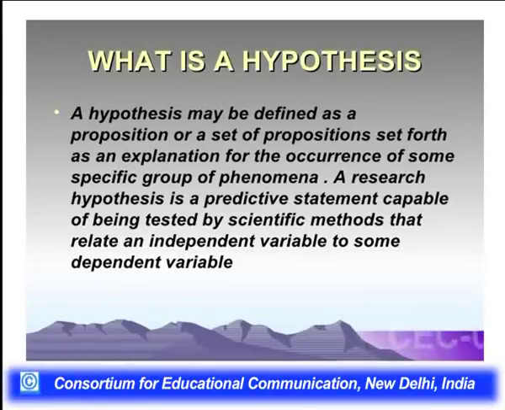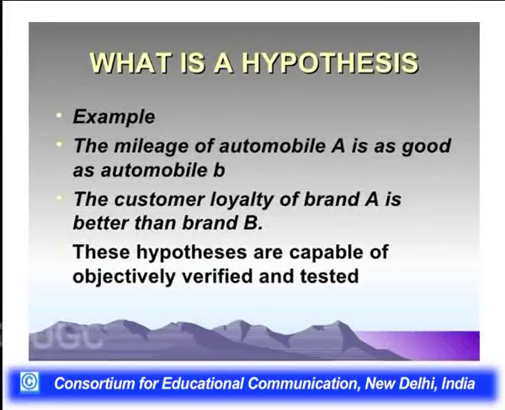A research hypothesis is a predictive statement, capable of being tested by scientific methods, that relates an independent variable to some dependent variable. We will give you some examples here to have a clear understanding of what a hypothesis is.